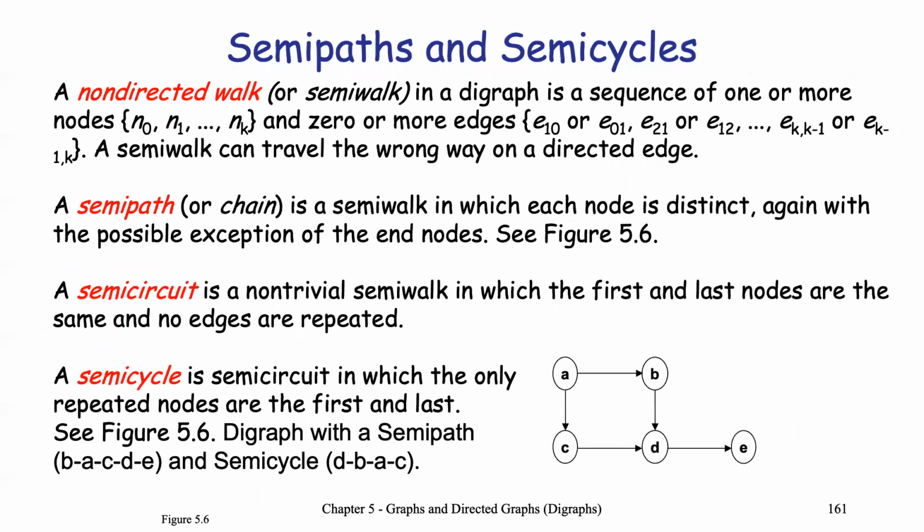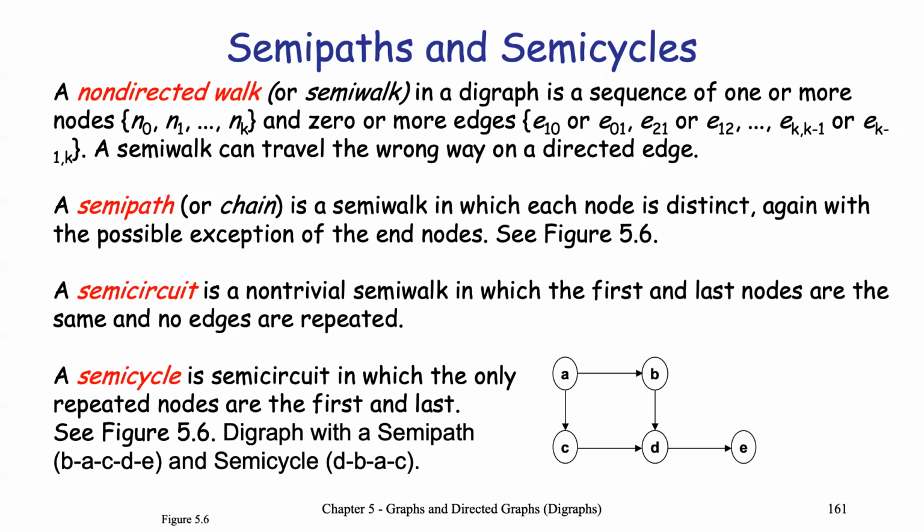Okay, we have some more nomenclature for semi-paths and semi-cycles. First, a non-directed walk or semi-walk is a digraph with a sequence of one or more nodes. A semi-walk can travel the wrong way on a directed edge.